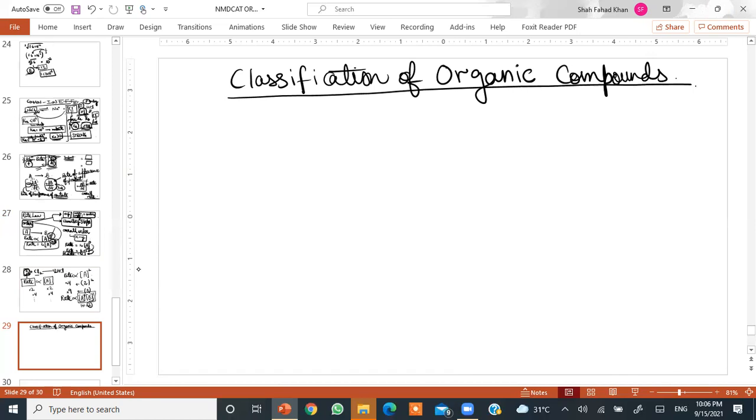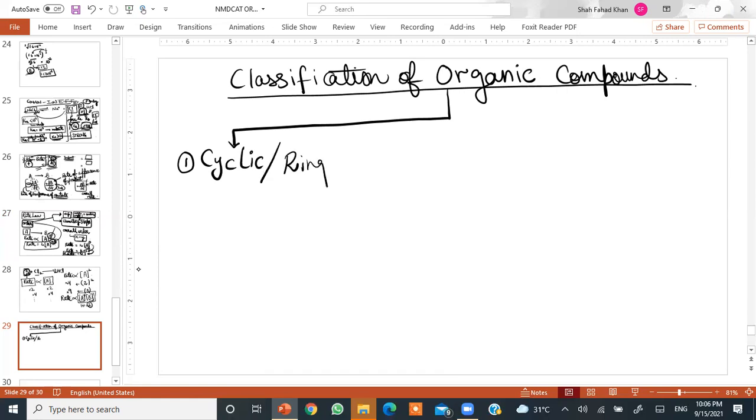Now, organic compounds are broadly divided into two categories. Okay. First category is cyclic compounds, or you could call them ringed compounds, or you can also call them closed chain compounds. The second category is the opposite.